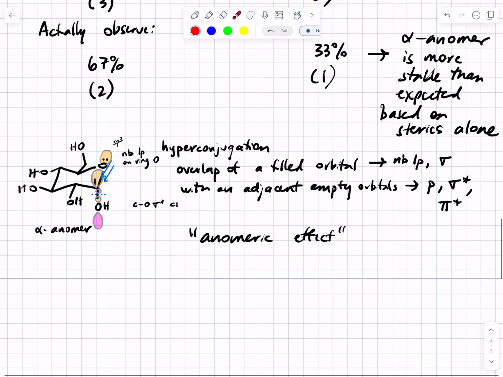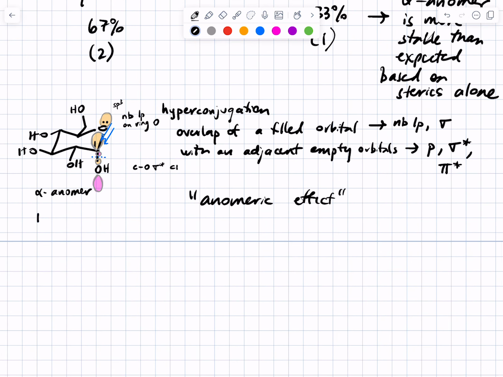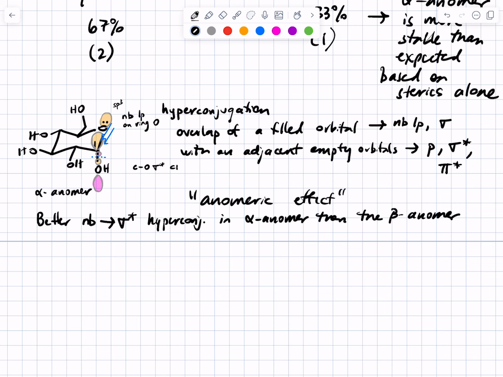So the key point is there is better, what I will call N for non-bonding lone pair to sigma star hyperconjugation in the beta anomer. Better N to sigma star hyperconjugation in the alpha anomer than the beta anomer.